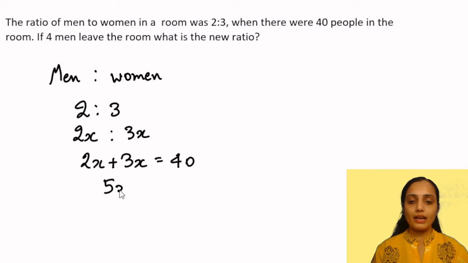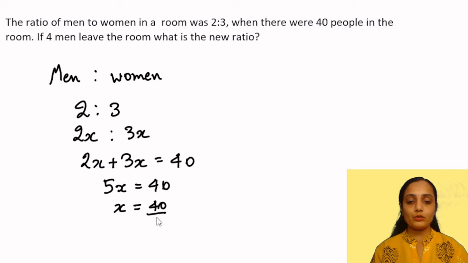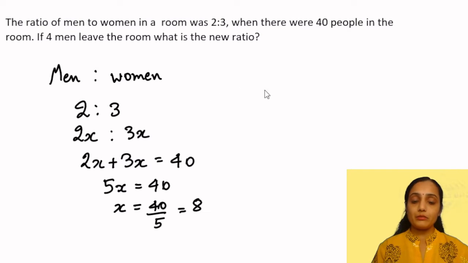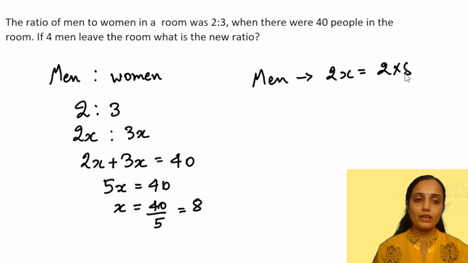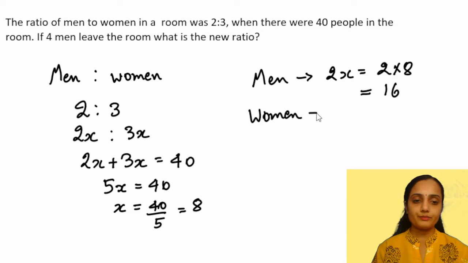So here we add and simplify the equation. We get the value of the unknown variable as 8. That means the number of men were 2x, that is 2 into 8 gives us 16, and women was 3 into x, which is 3 into 8, 24.